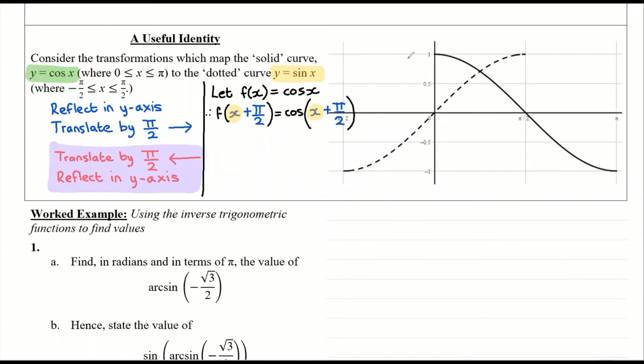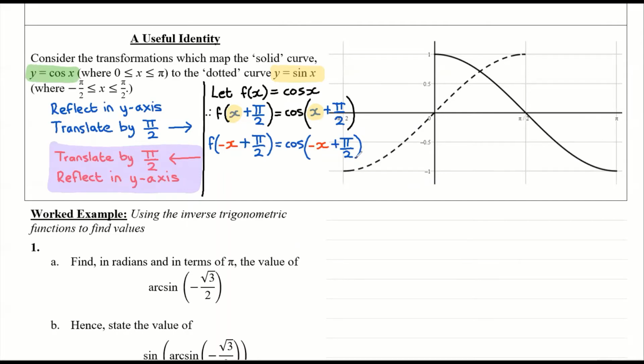So the final function, so we're going to have f of what will become negative x plus pi over 2, okay, is equal to the cosine of, again, negative x plus pi over 2, like so. Now that's the full transformation.